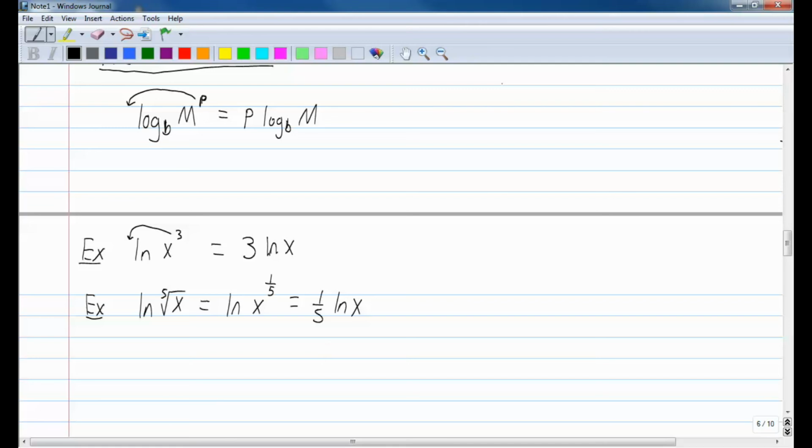The power rule, just like those other rules, works both ways. If I had 4 times log base 3 of x plus 1, if I wanted to, I could apply the power rule backwards. I could move this 4 up here.